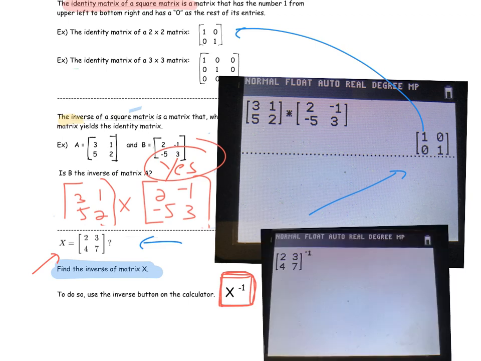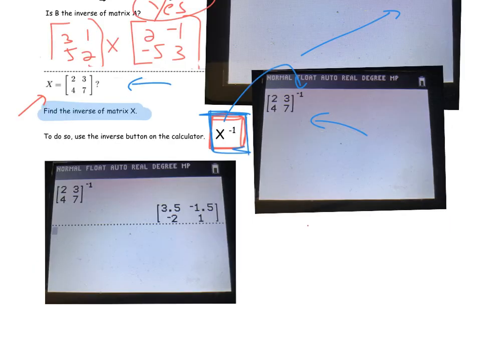You enter in the matrix and then press the inverse button to get the inverse of matrix X. So here is the inverse of matrix X. It's a 2 by 2 matrix: 3.5, -1.5, -2, and 1.